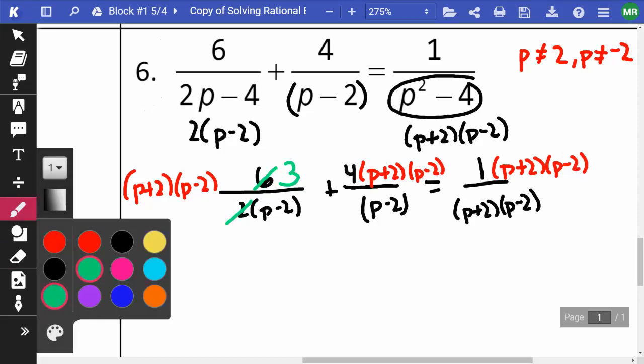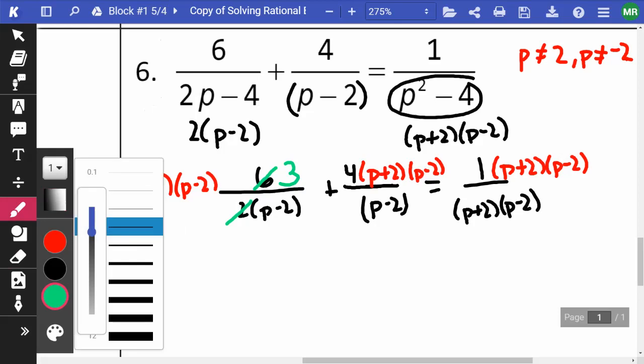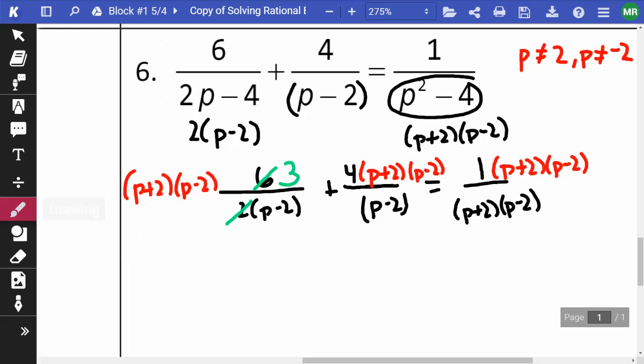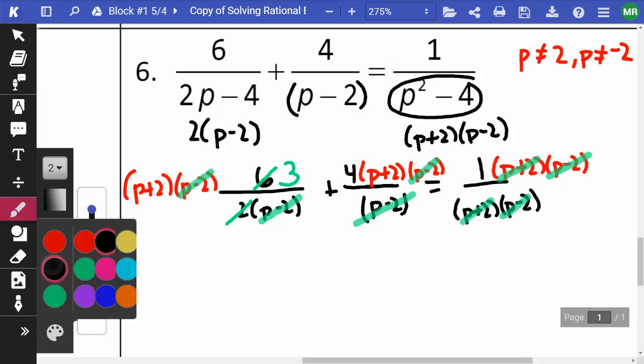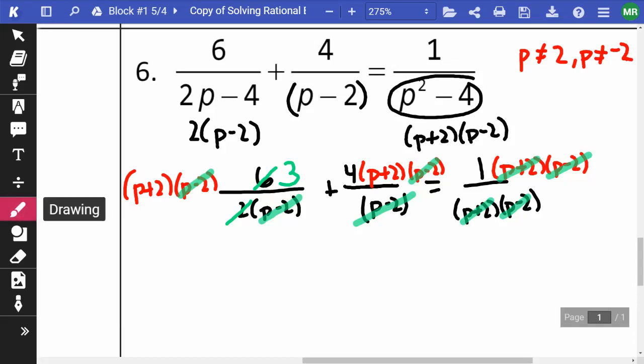And so I can have here this p minus 2 and p minus 2, this p minus 2 and p minus 2, here the p minus 2s and the p plus 2s. So I am going to get, from my first fraction, the 3 is going to be timesing with the 2 and the p.